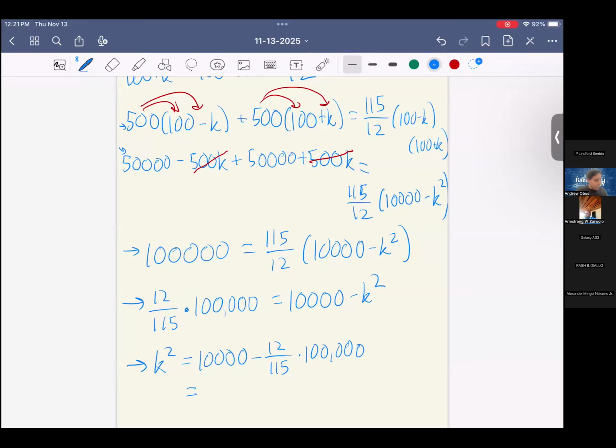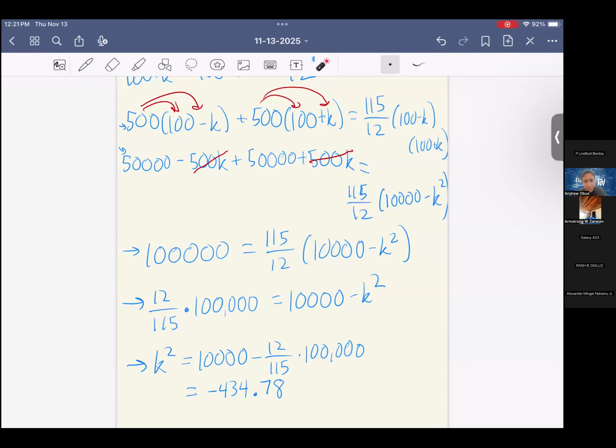This looks like it's about negative 434.78, to two decimal places.